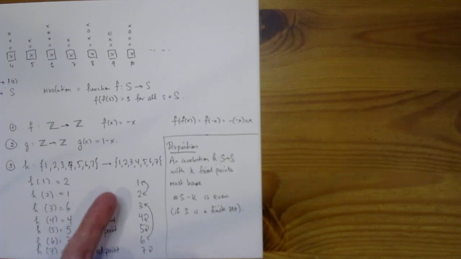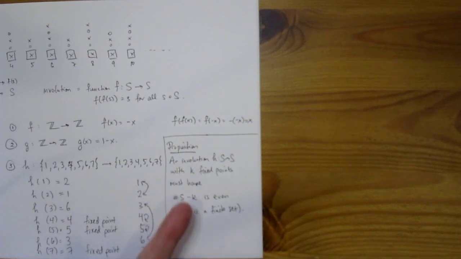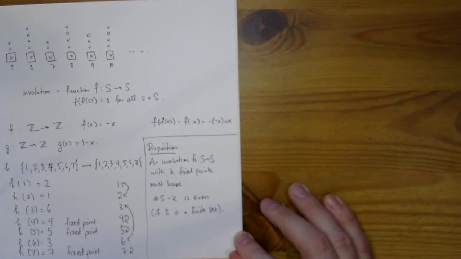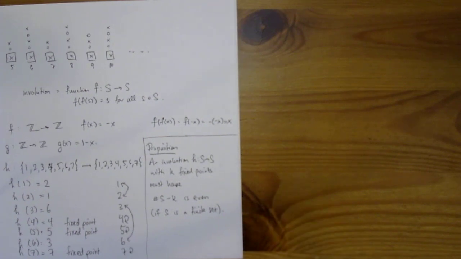But if the set is finite, as in this third example, then this proposition says that the number of fixed points has to be the same parity as the size of the set. In other words, if the set has an odd number of elements, then there are an odd number of fixed points. If the set has an even number of elements, then there's an even number of fixed points.